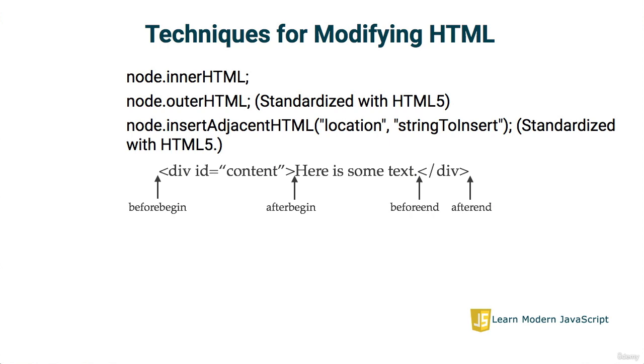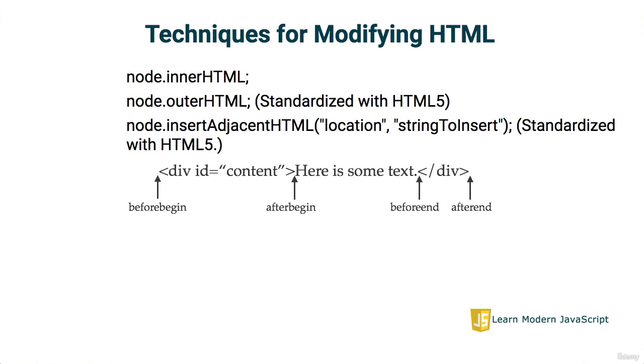And this graphic identifies where each of those will insert the string that we've specified. So beforebegin and afterend are on the outside of the tag, one before it, one after it. Afterbegin and beforeend are on the inside of the tag. One at the start, of course, one at the end.